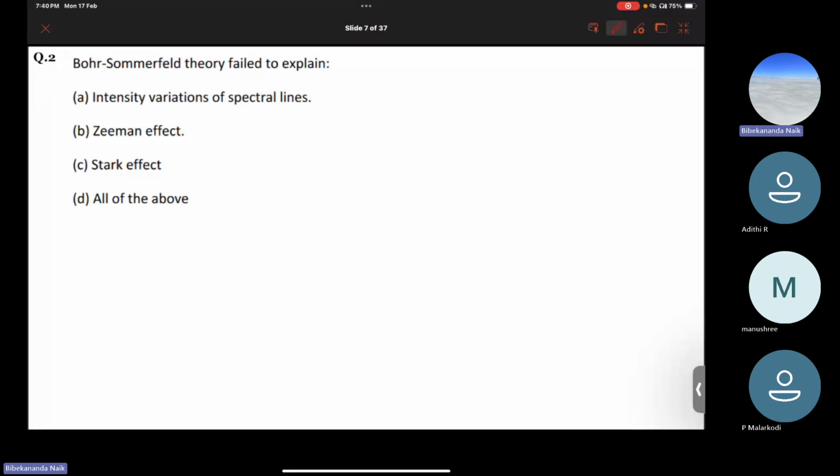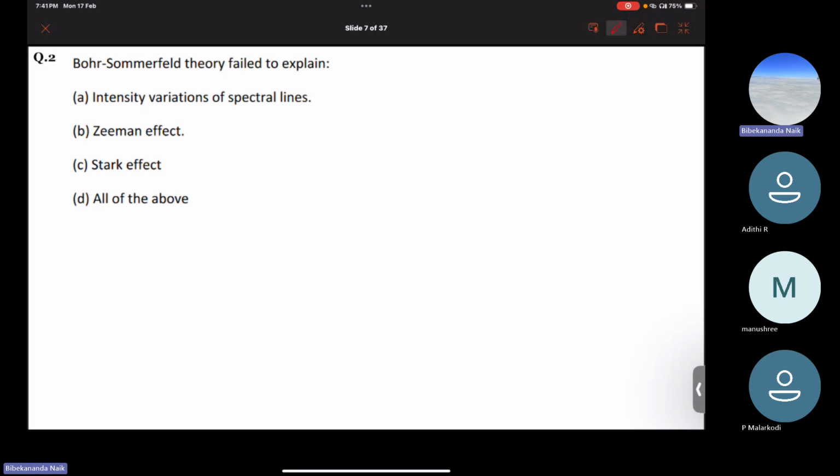There are two types of Zeeman effect: normal Zeeman effect and anomalous Zeeman effect. The normal Zeeman effect occurs only for singlet states, meaning states where the spin is zero. So for no spin we have the normal Zeeman effect, and where the spin is non-zero, we have the anomalous Zeeman effect.